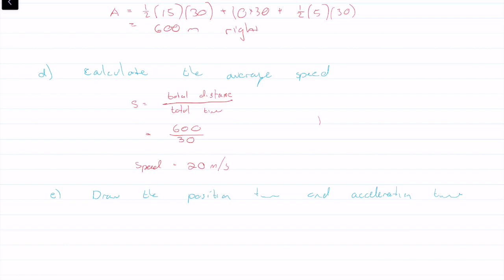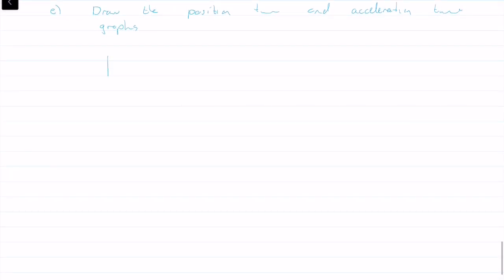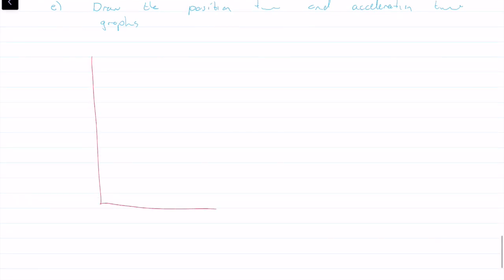What's usually easier is to draw the acceleration time graph first. Let me put down these axes first. So this is the position s-t graph and our acceleration time graph.